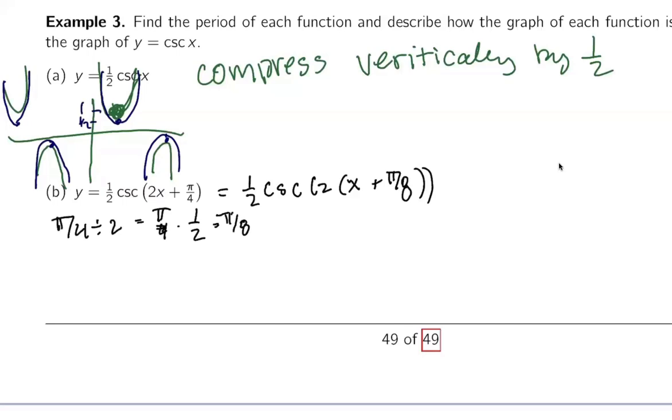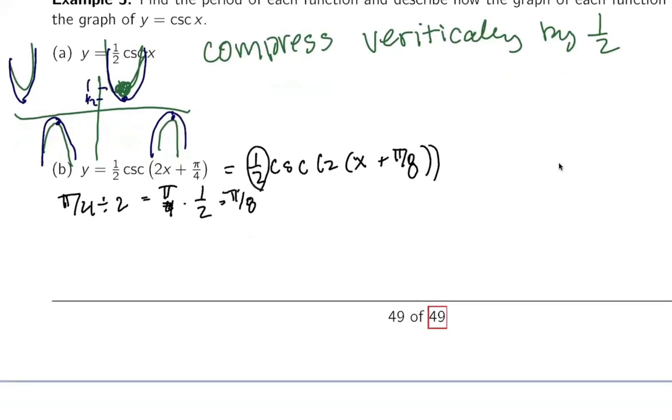And I can check myself that if I distribute this across, I would get 2x, which is what I started with, and 2 times pi over 8, and that'll reduce to pi over 4. And I do need to really factor this out like that before I decide what's going on. Now I can read each piece, and I see that this one is going to give me a vertical compression by 1/2, just like the previous one did.